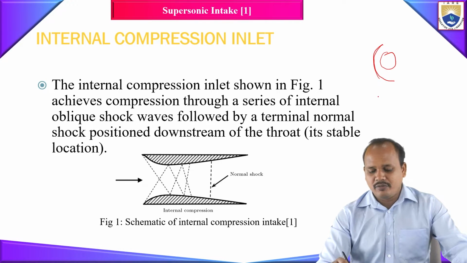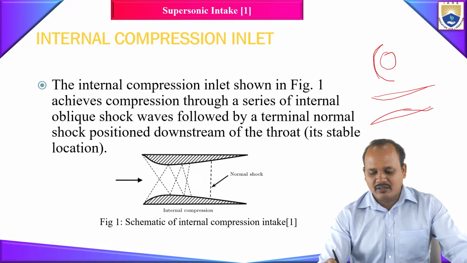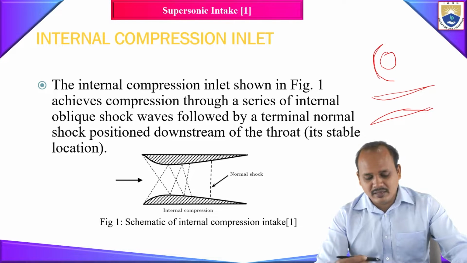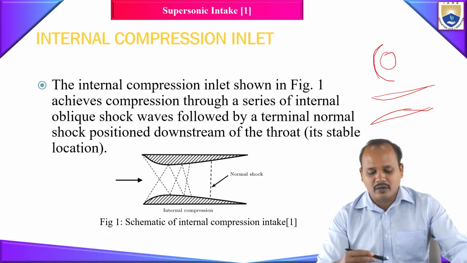If I take this convergent-divergent section, you might know it from a convergent-divergent nozzle, but here we have the same convergent-divergent section acting as an intake. Sorry, that is a diffuser rather than a nozzle.